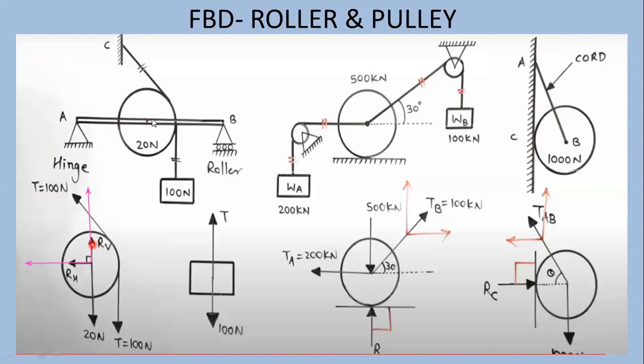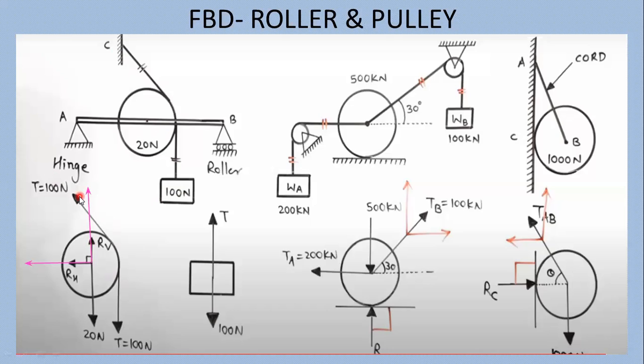After that, there is a tension in the cable. Now, the cable is connected at the end C at the top, and 100 Newton is connected at the downside. So the 100 Newton force will be shown in the thread in downward and upward direction, because in both directions the 100 Newton force is there.